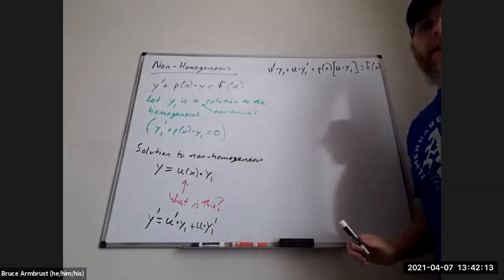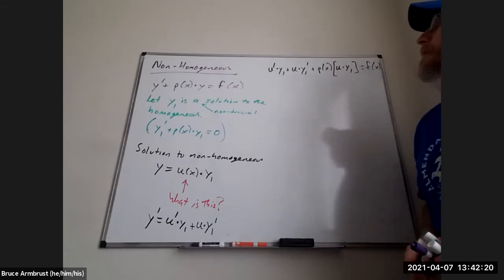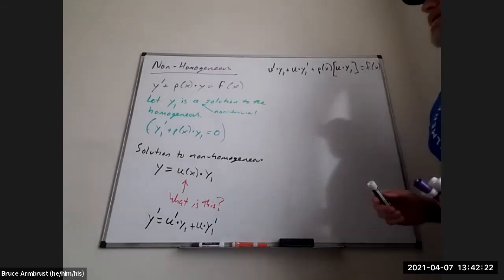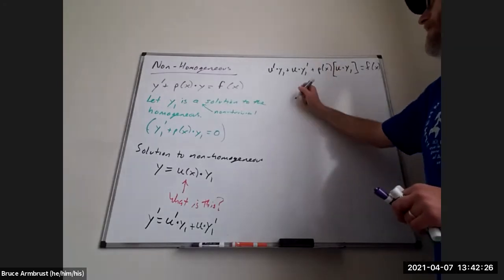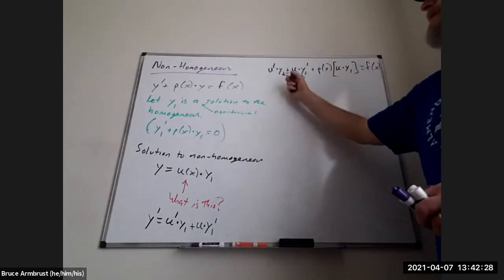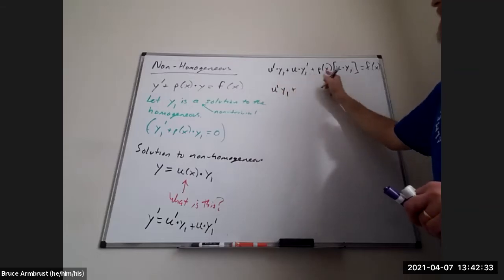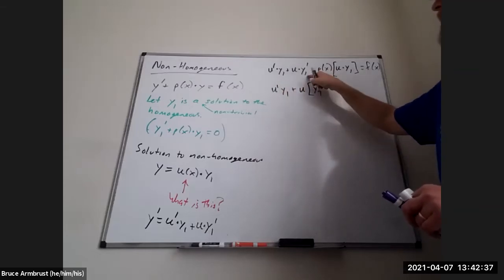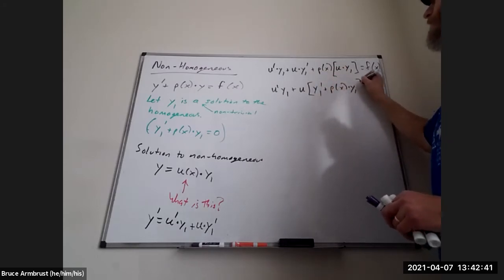And that's going to equal f of x. So I'm going to group these a little bit. You'll see why I do it this way in just a second. I'm going to keep that u prime y1 out front, but then I'm going to factor out a u from these other pieces. So I get y1 prime plus p of x times y1.